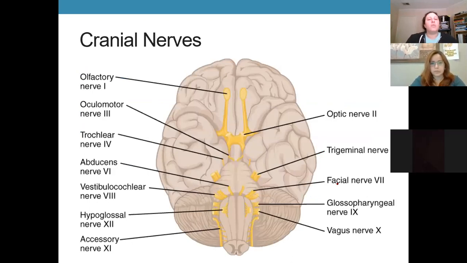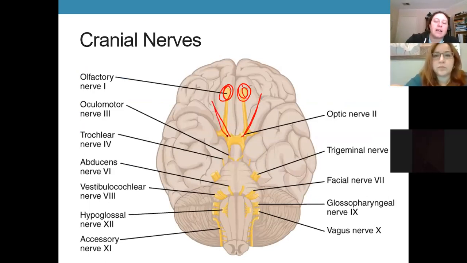The reason they're numbered 1 through 12 is because of how they emerge from the brain. Because olfactory is here, it's first, and then the optic nerves come out of the optic chiasm, so they're number 2. The chiasm is where it crosses over. Then oculomotor are these little guys here, that's number 3, and number 4 is trochlear.